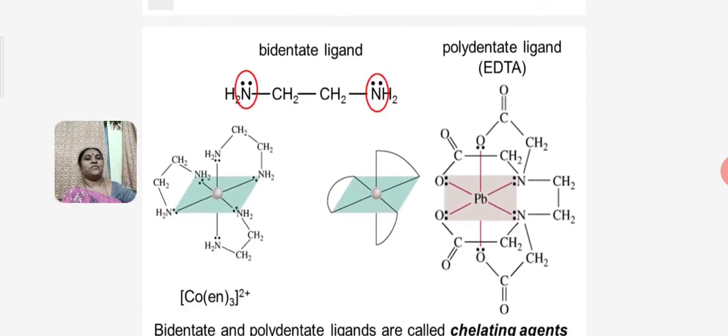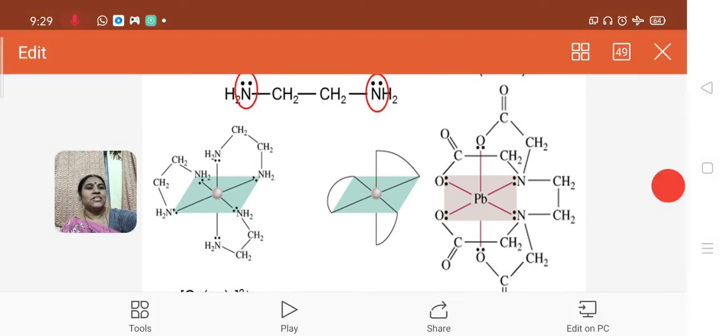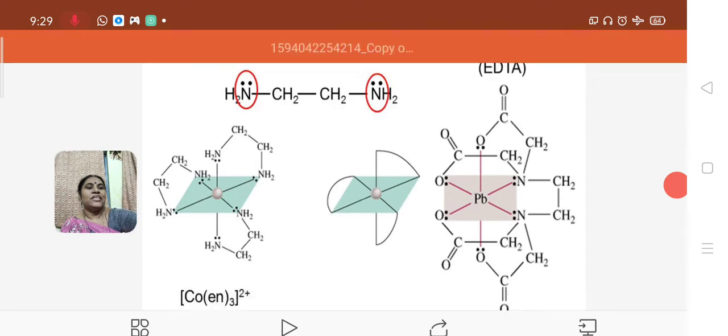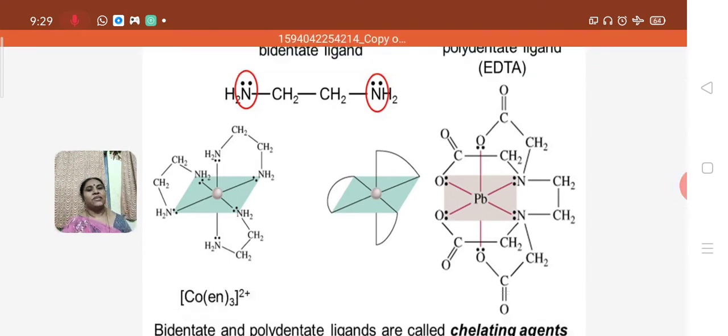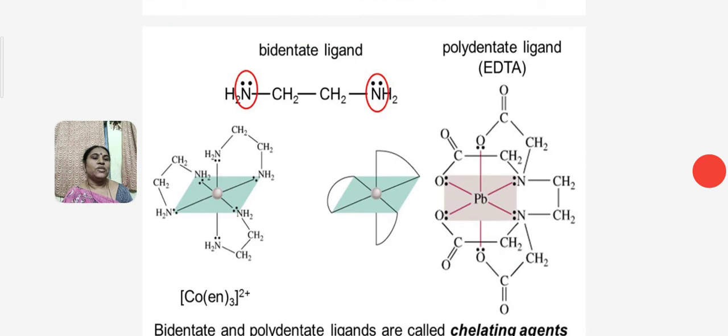For example, ethane 1,2-diamine is a chelate ligand. It can ligate itself to the central metal atom through 2 nitrogen atoms that are present in the molecule. They contain a lone pair of electron in each atom, and they can form a ring-like structure along with the central metal atom.